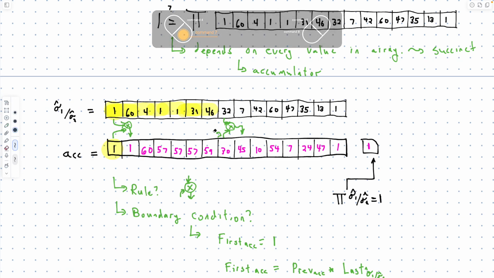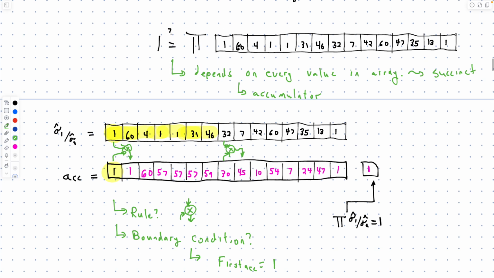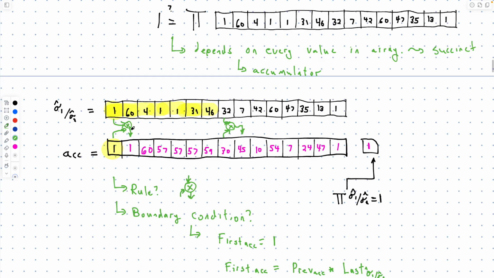Why is this useful? Before, I had a problem where in order to tell you whether this is 1 or not, I had to consider every value in the vector. Here I have a rule, and the rule is local in the sense that the value in here only depends on 2 other values. It depends on this value, and it depends on this value.